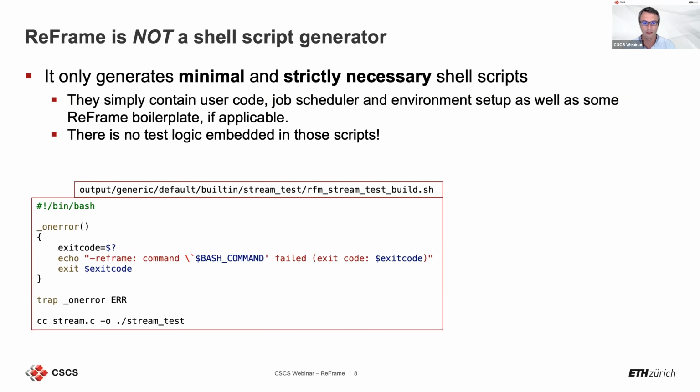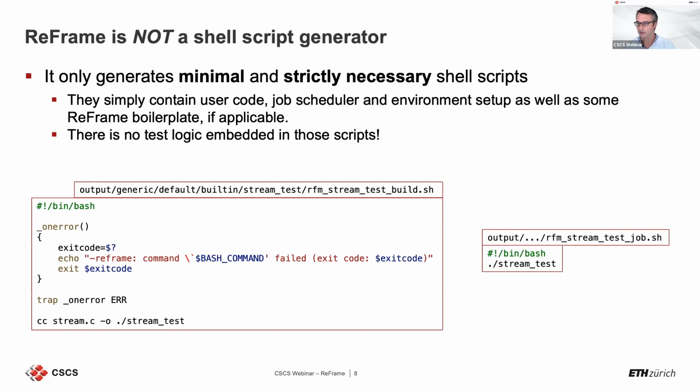So literally the code of the generated test, for example, in that particular example, to build that stream test that I just showed, is like that. It has some boilerplate, which actually could also be simplified, but that's how it is now. And then just the command. Now, there's no error checking in the sense of, okay, if this command failed or not, and what I should do there. That's part of the logic in the framework and in the test.